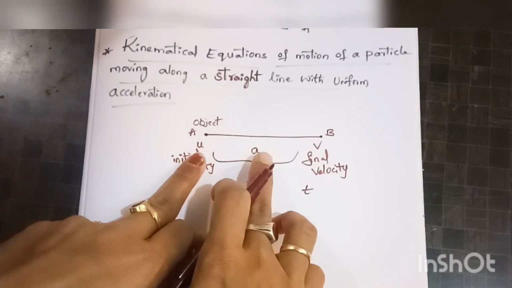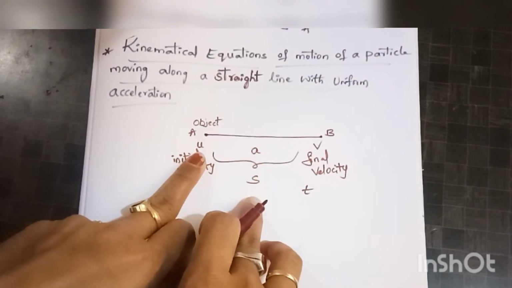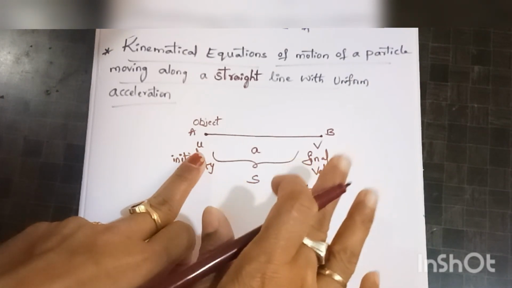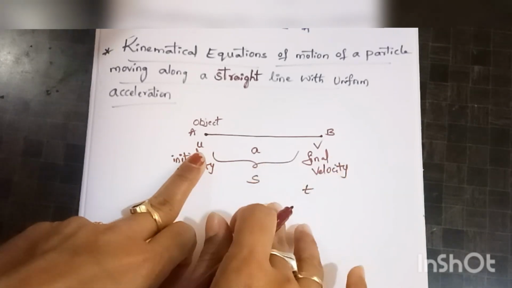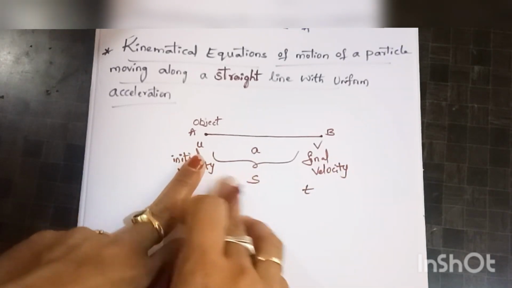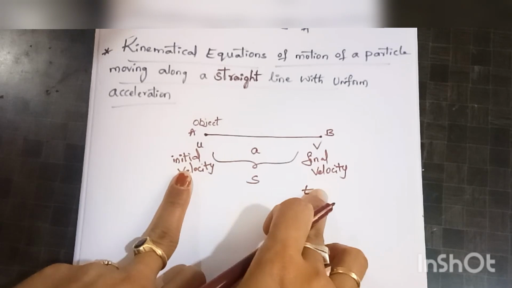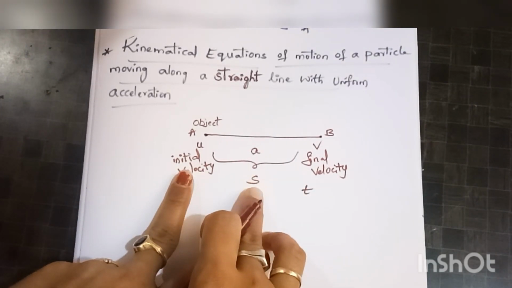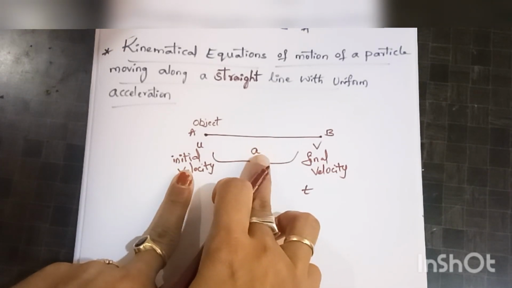How much displacement it travels, we don't know. We are finding these equations to solve problems, so we are only considering the terms here. So s is the displacement traveled by the object with uniform acceleration a.